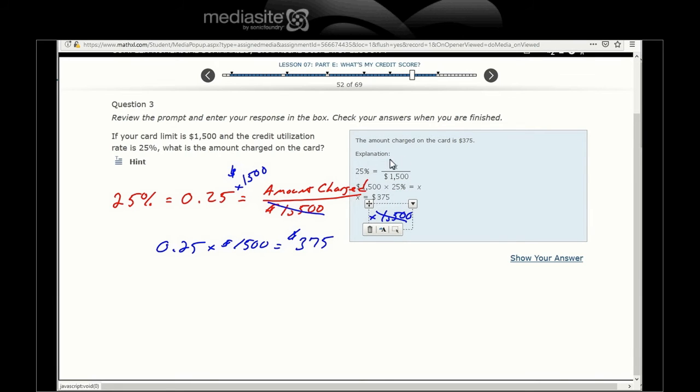Yep, here 25% equals X over 1,500. Again, you have to always remember 25% has a decimal equivalent. So you can divide that percentage by 100% to make it a decimal. So that's correct.